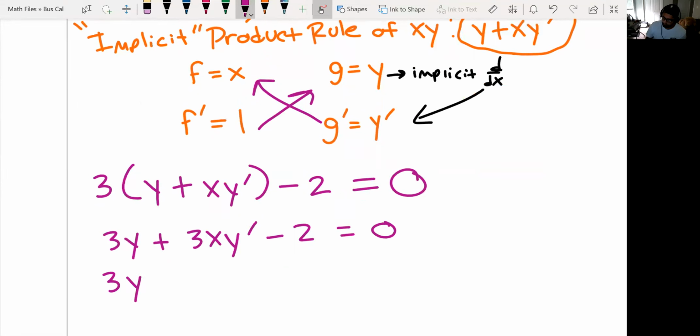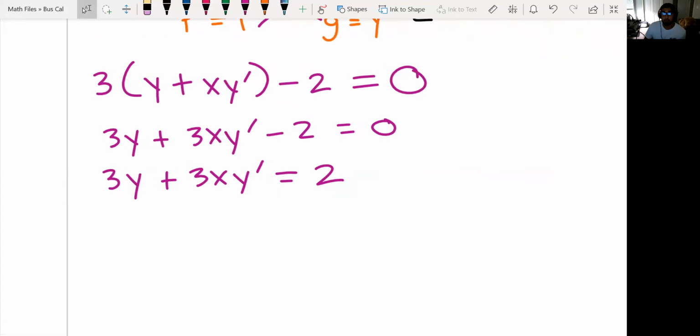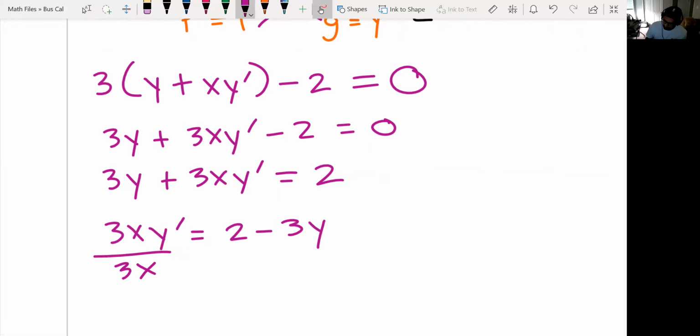Move the 2 over. I could have moved the 3y over as well. Move the 3y over. And then divide by 3x.